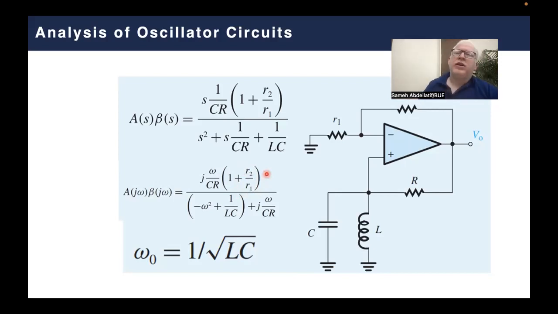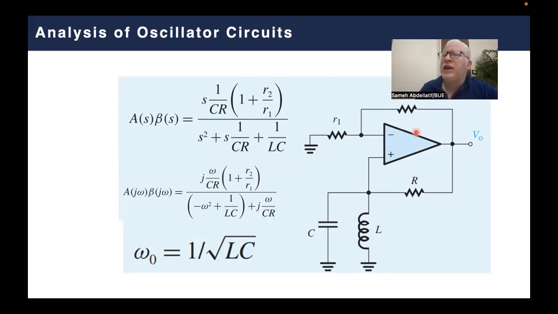And also we find another important issue related to the limitation in the oscillation amplitude. Generally in this schematic, the oscillation amplitude is going to expand till it saturates at the DC limits of the operational amplifier, typically VCC and negative VCC. So we don't have any sort of control over this amplitude.